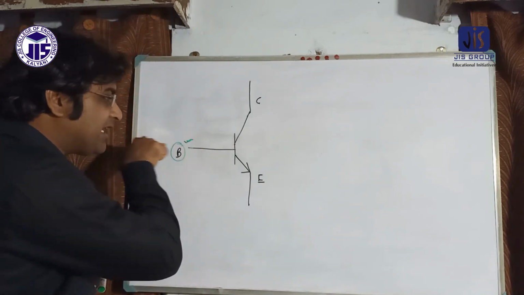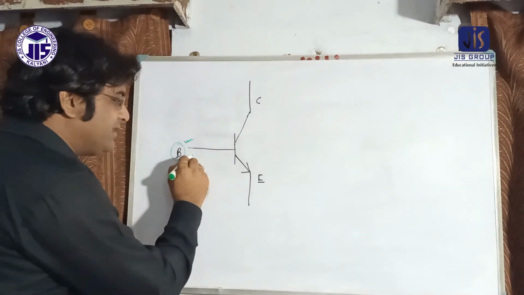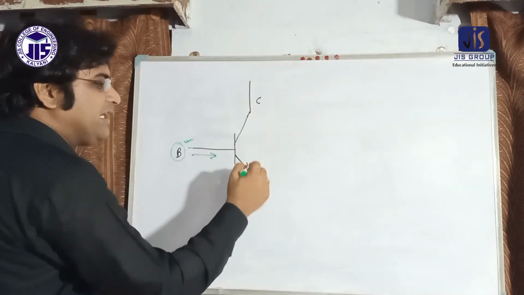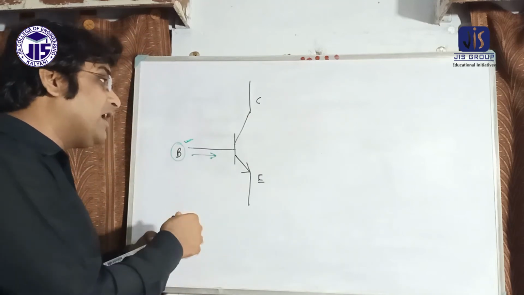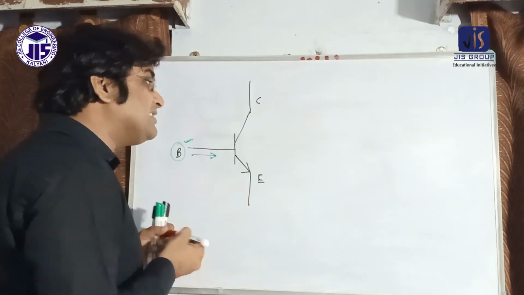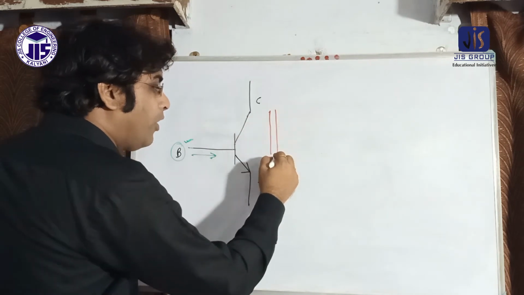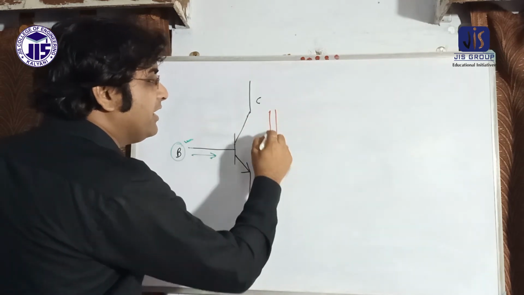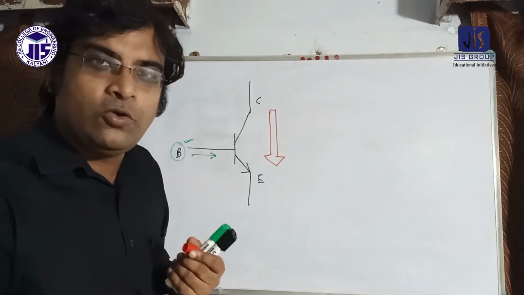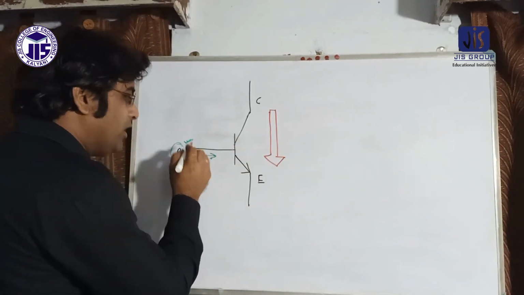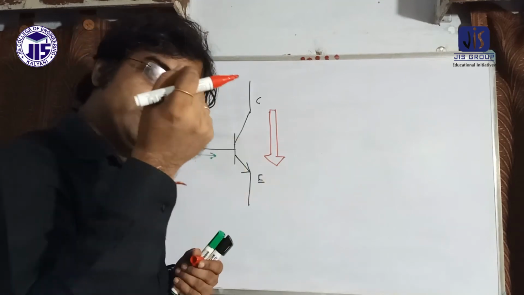If I increase the current in the base, then collector to emitter resistivity decreases, and a huge current flows from collector to emitter. I am again repeating that base is called the current control pin of the transistor.